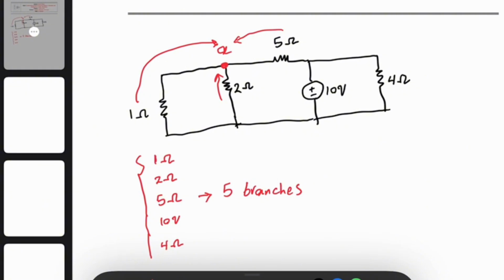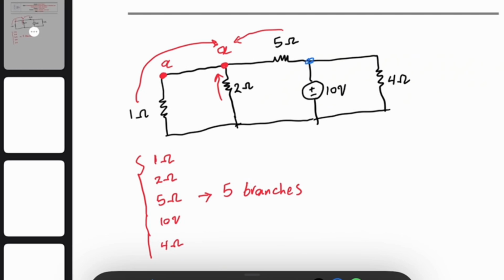And in the previous lecture we saw that if two nodes are connected to each other via a wire, you are not counting them as different nodes, therefore both of them are the same node, node A.